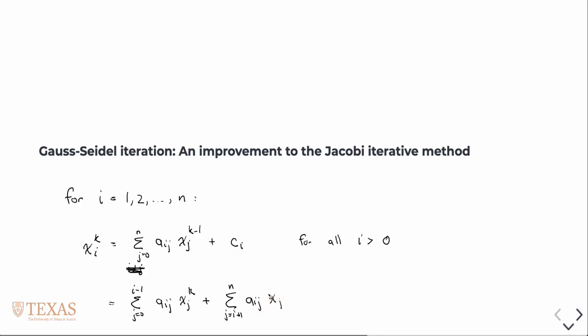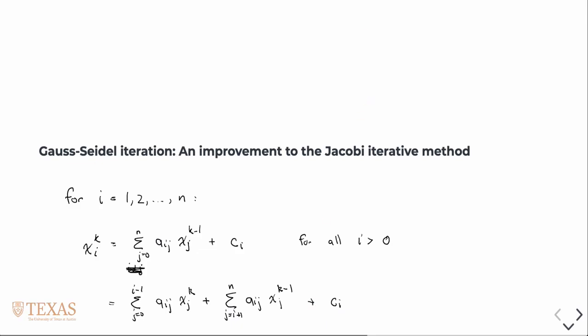For these, we don't have the current value for k, so we'll just use k minus 1, like before, plus c_i. So this process of using the current value after you've computed x_i of k for the rows above, we use those current values. Otherwise, we'll use the old values plus the constant on the end.